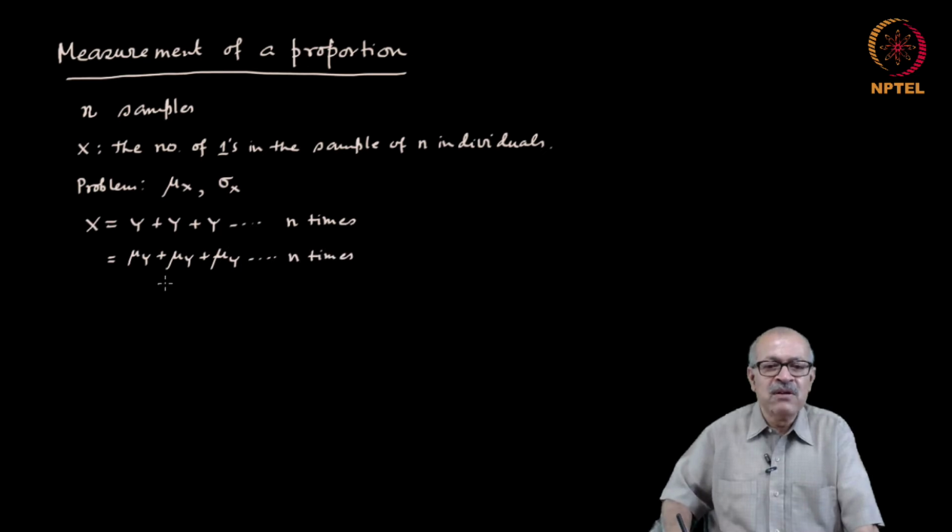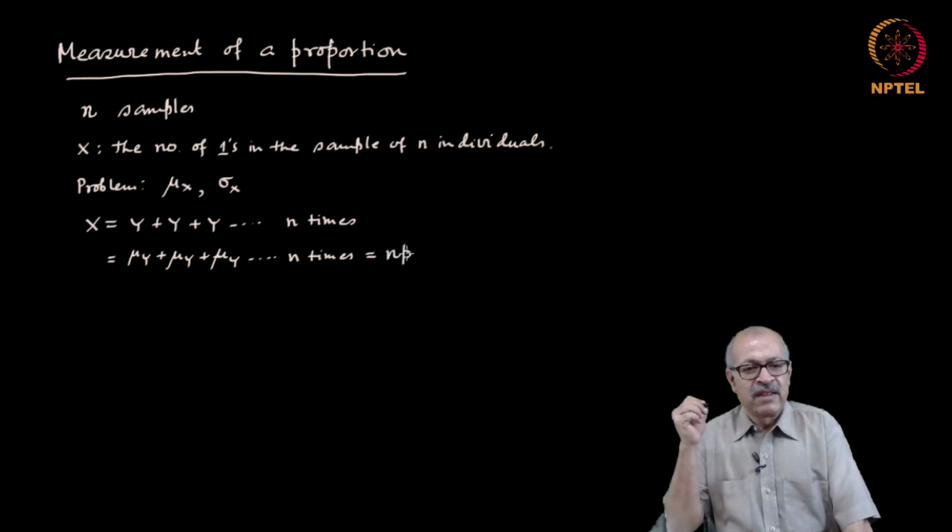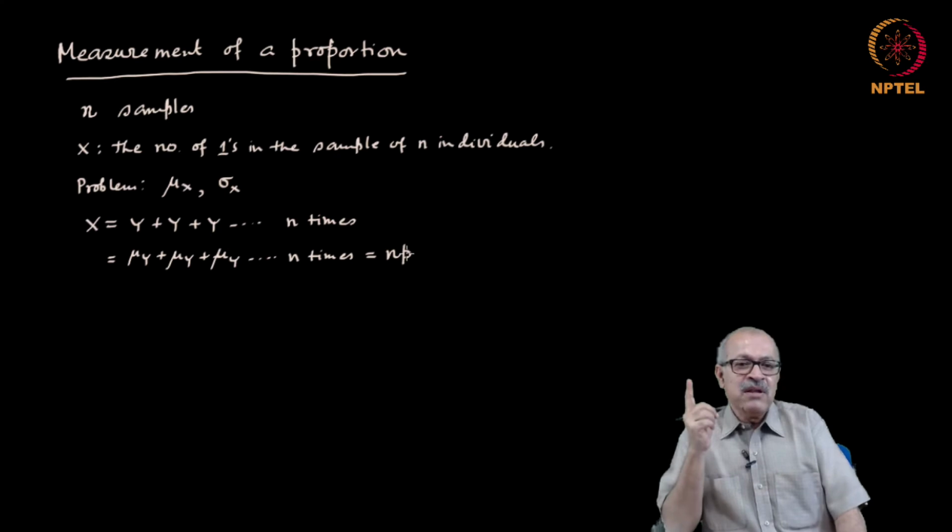And we know what the mean of y is. We know that the mean of y is p, therefore, n times p is n p.